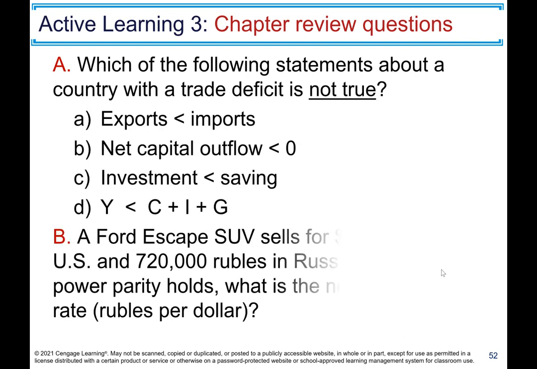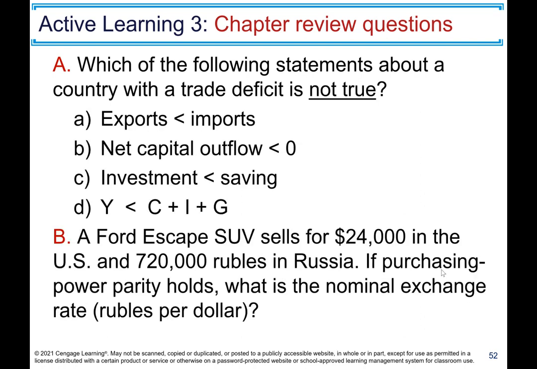Active Learning 3, Chapter Review Questions. A. Which of the following statements about a country with a trade deficit is not true? Export is less than import. Net capital outflow is negative. Investment is less than savings.